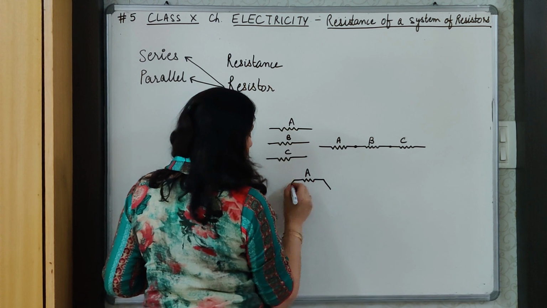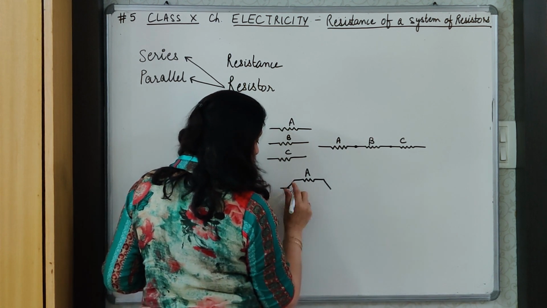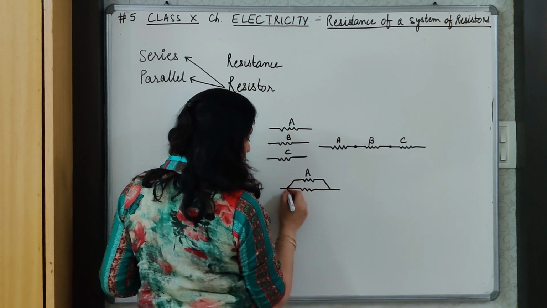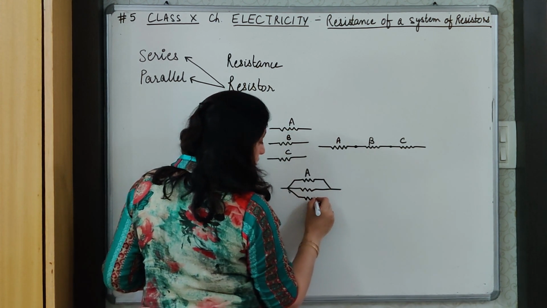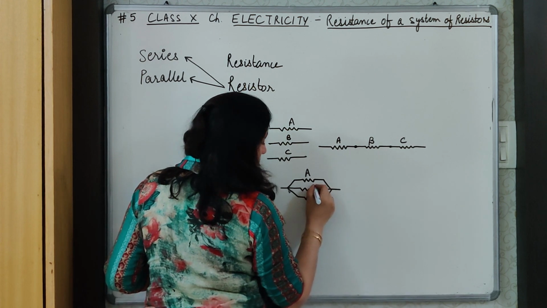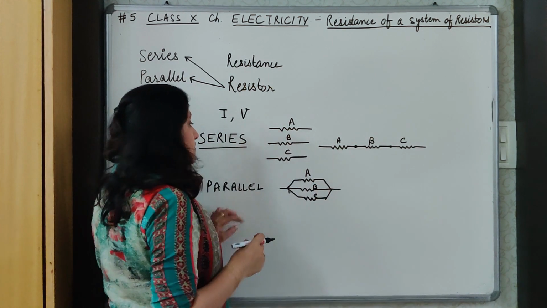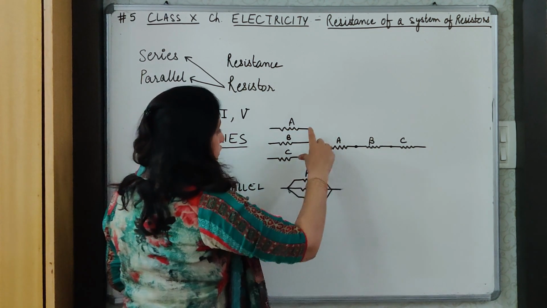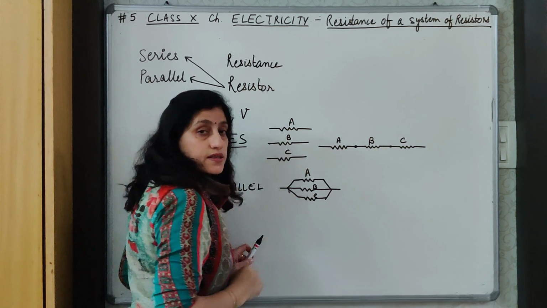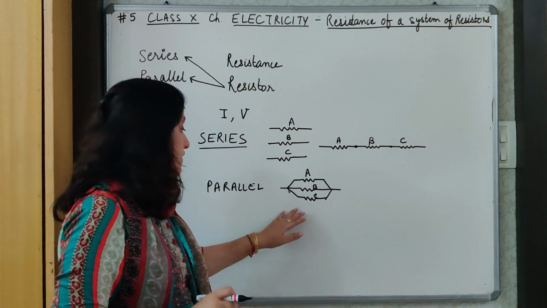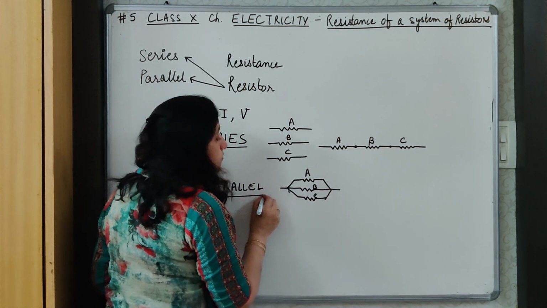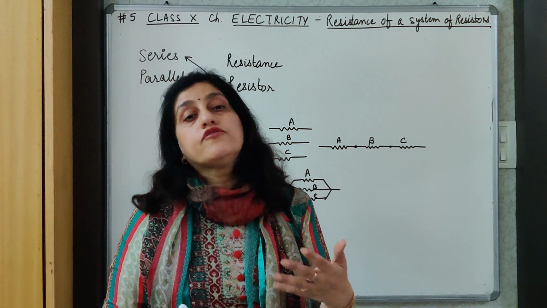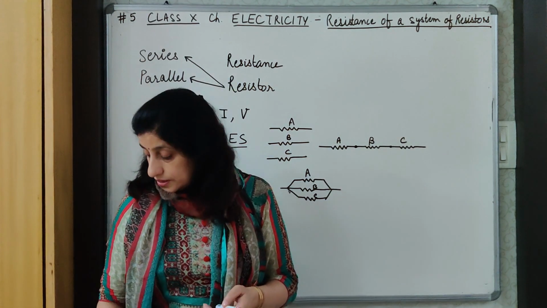Suppose this is the A resistor, then this is the B resistor, and this is the C resistor, A, B and C. We have taken open end of all these three, brought them together here, and open end of all these three, brought them together here. Such a type of combination is referred to as a parallel combination. This can be done for two resistors, 3, 4 and the like, whatever is the requirement.